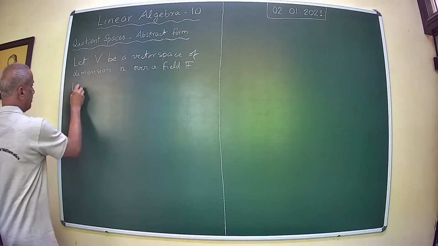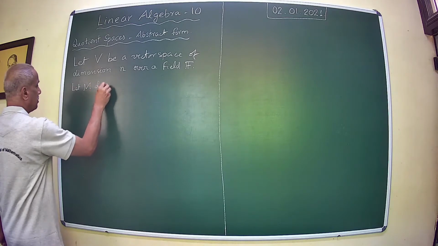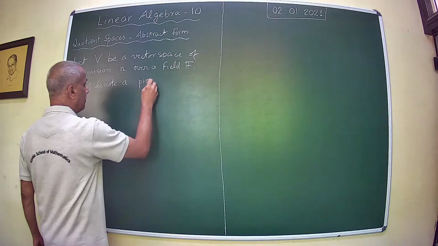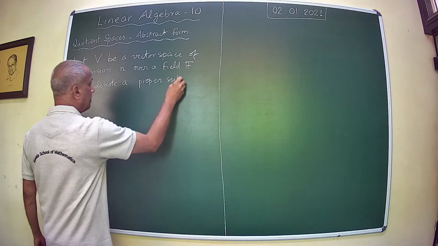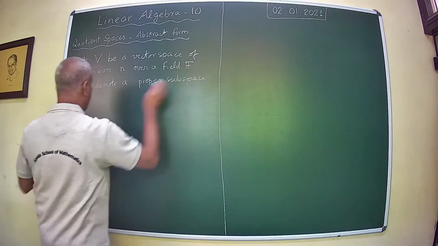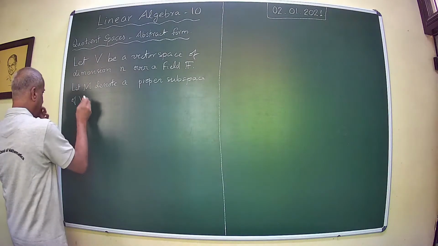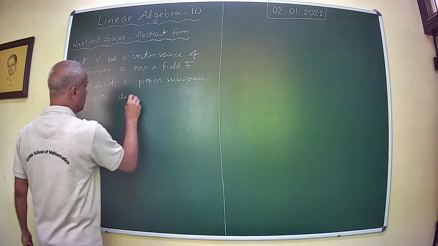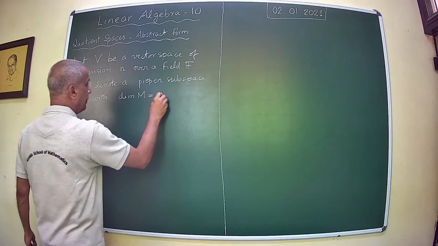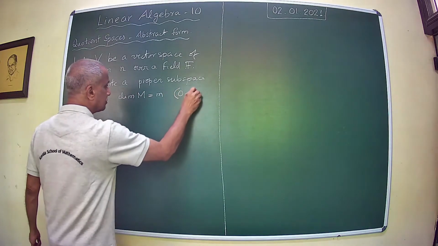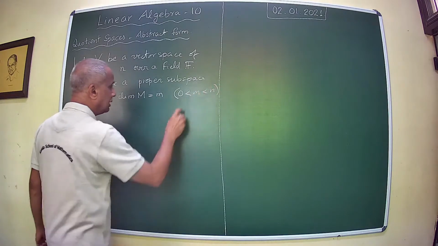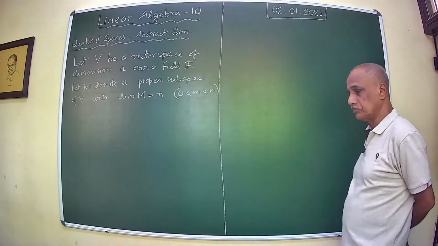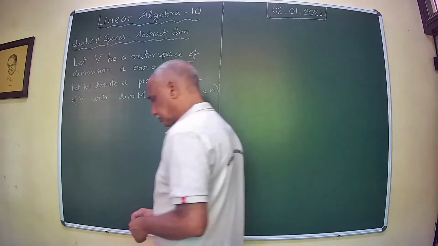Let M be a proper subspace of V, with dimension of M less than dimension of V. This inequality ensures that the subspace M that we have picked up is a proper subspace.